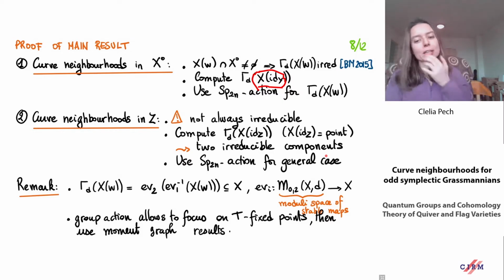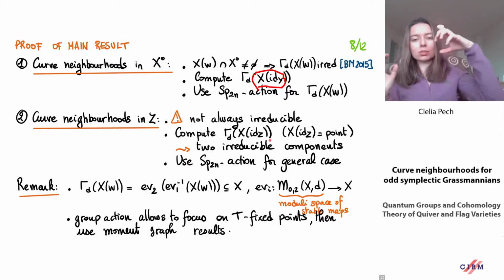So let me explain. We find that we have a potential component that is a Schubert variety contained in Z, in the closed orbit, and we have another potential component that intersects the open orbit. It sometimes happens that the part that is in the closed orbit becomes contained in the part that is in the open orbit.